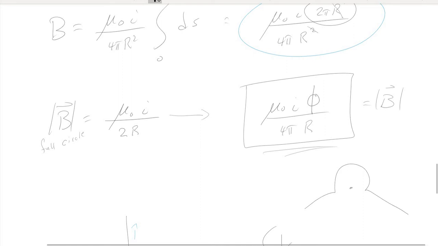So maybe this is, I don't know, we could say like 3 pi over 2. It's not quite that big, but by having the angle measure, 3 pi over 2 would be 1.5.